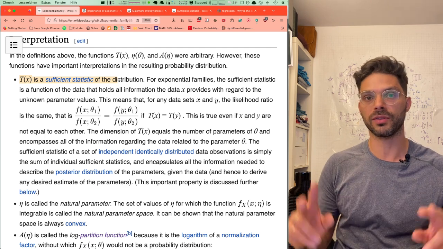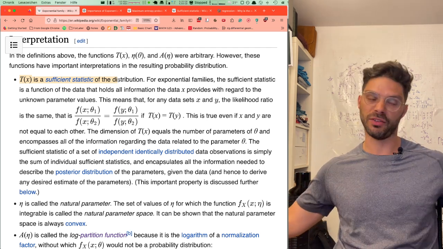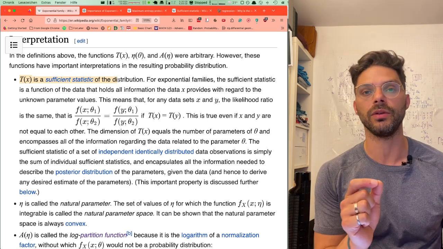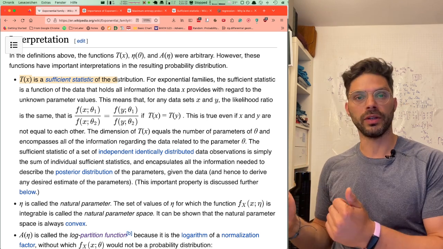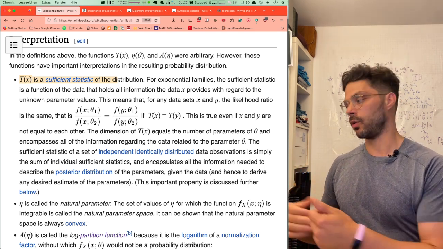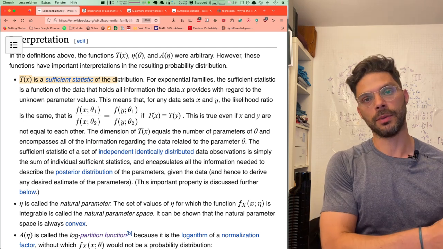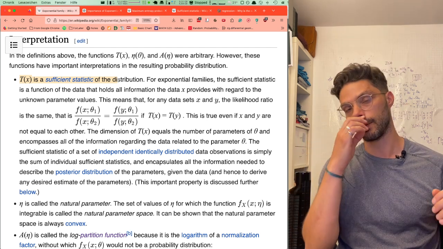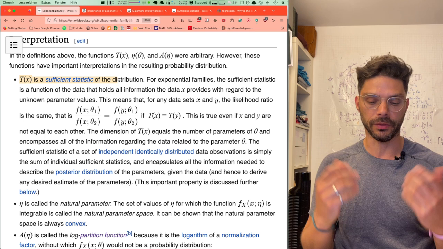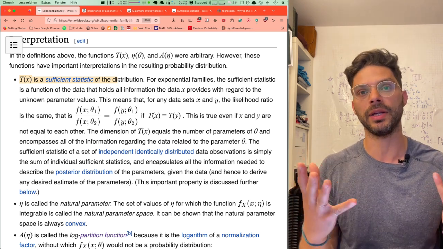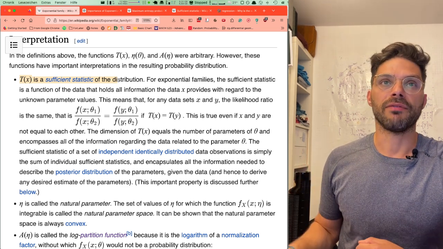So if you compute that sufficient statistic, which summarizes your enormous data set into a single value, that's equivalent. It captures all the information in your data set about the parameter you're interested in. So it's got this really amazing compression property, which is very special, and only exponential family members have that.